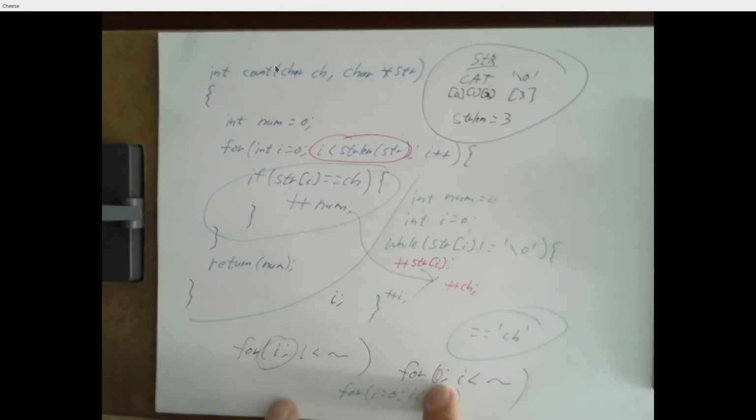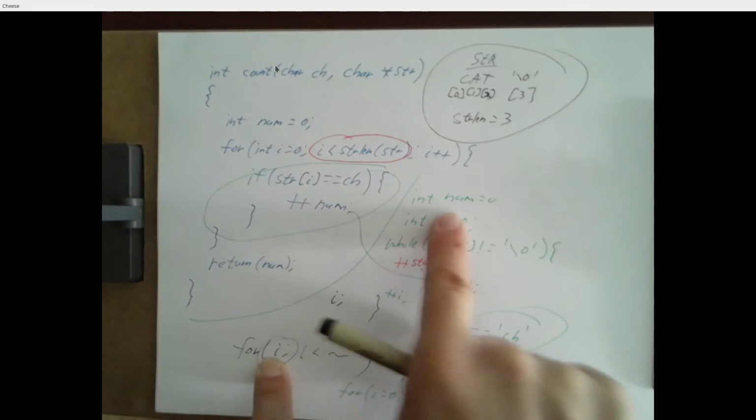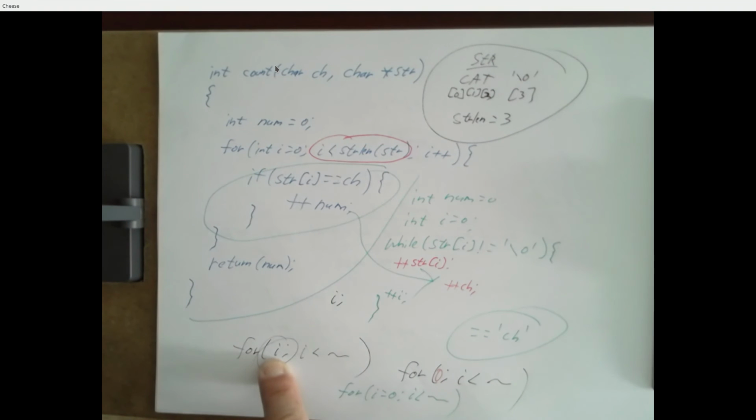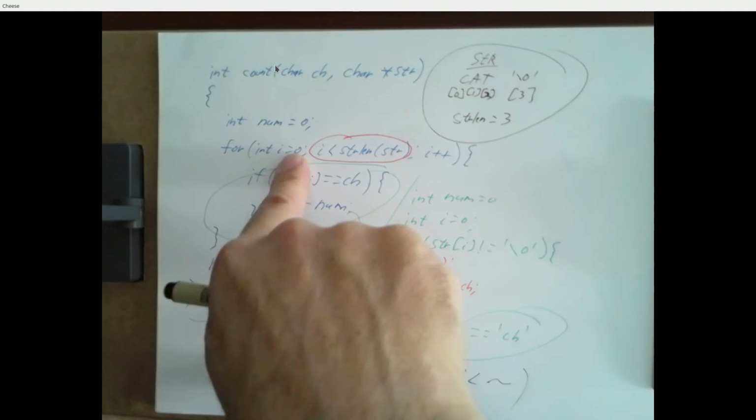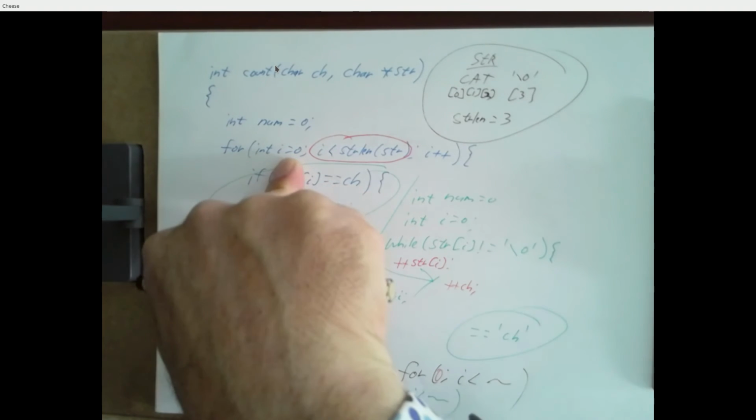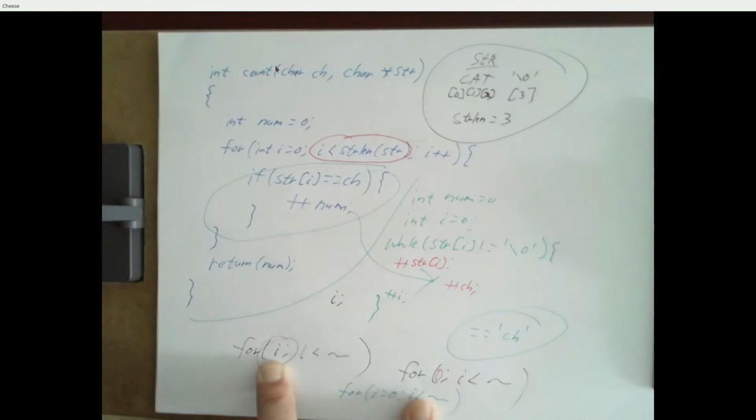Because the problem with this is, when you're looking at the code, you have to work your way backwards and figure out what the last value was that was assigned to i. If this is near the beginning of your code and there's an int i equals 0, then it's not too bad to figure out i is equal to 0.